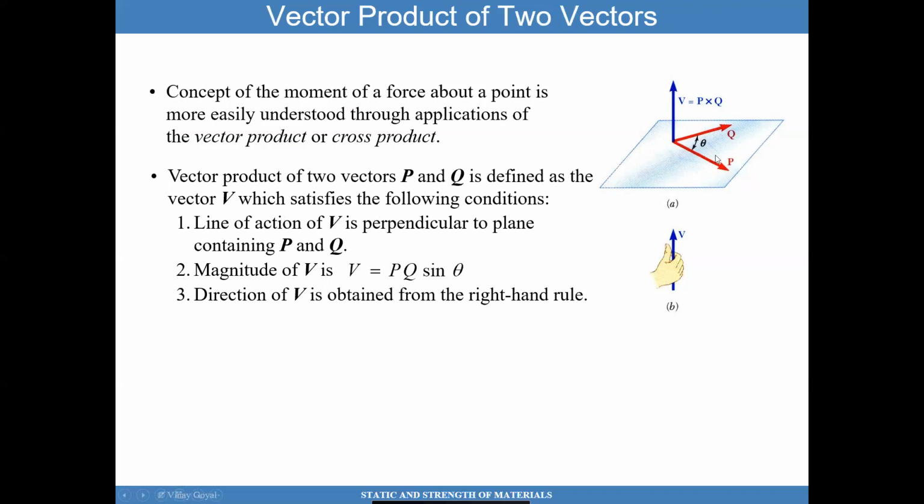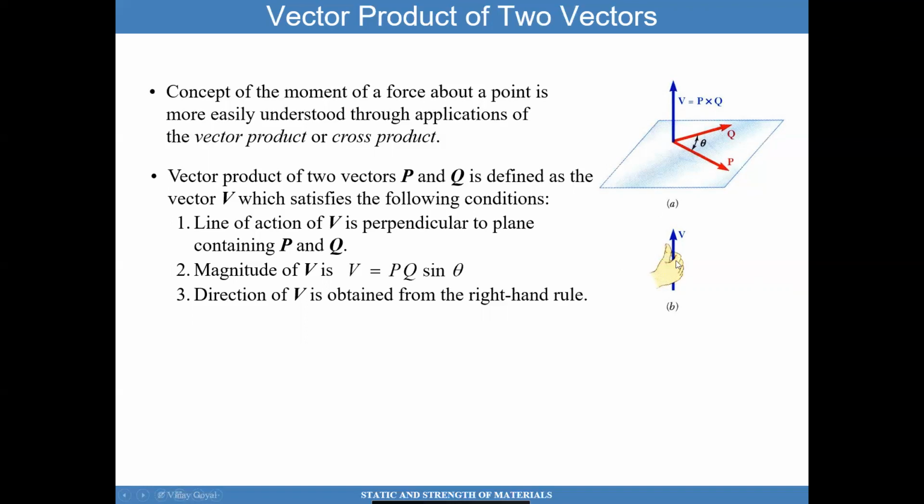Here I have two vectors P and Q which define this plane and have an angle theta in between. The cross product of P and Q gives you a line of action V that's perpendicular to the plane that was formed by P and Q. The magnitude of this vector V can be calculated. It would be the magnitude of P times the magnitude of Q times the sine of the angle between those two vectors. The direction of V can be found through the right-hand rule.